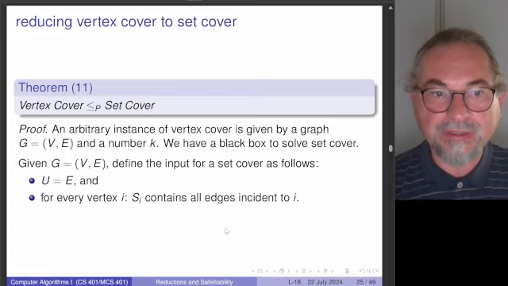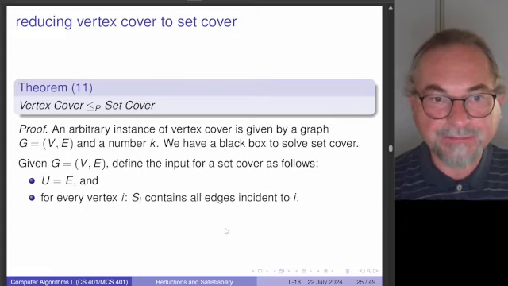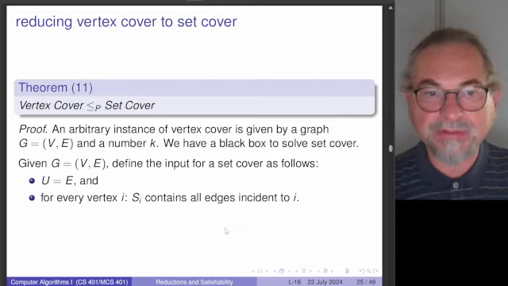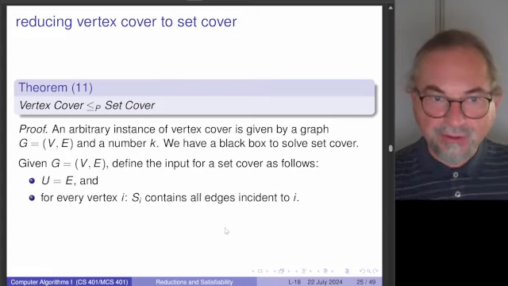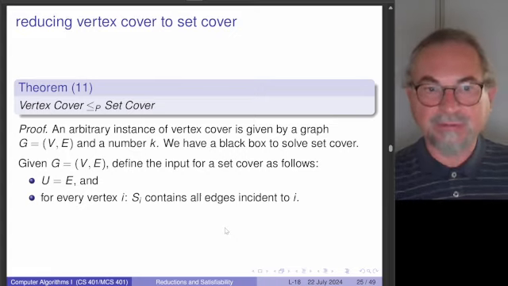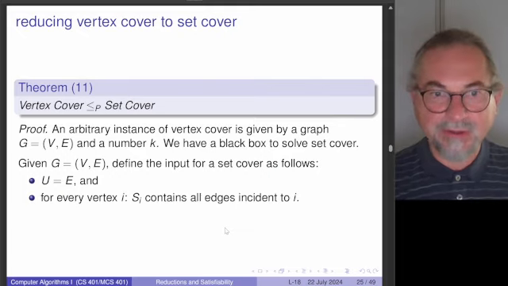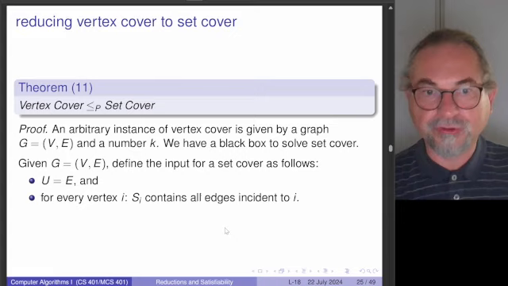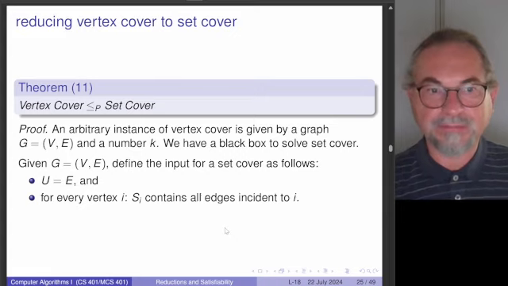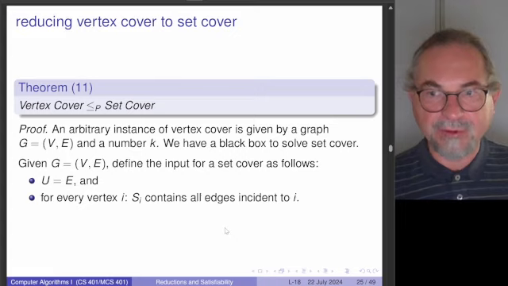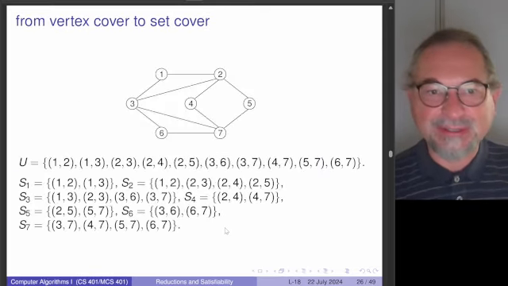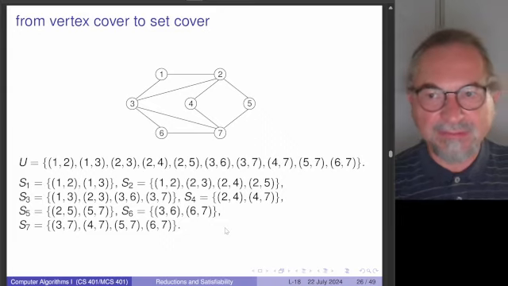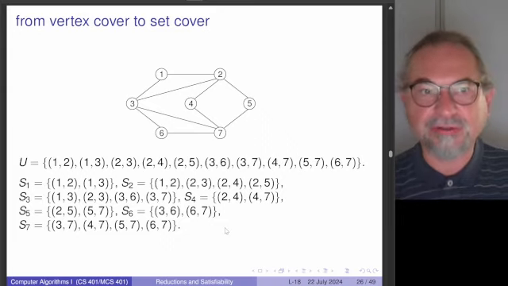Well, the universe is the set of edges, and all the subsets are the edges that are containing every vertex. So the size of every subset equals the degree of the vertex. We have n vertices, and then we have as many subsets. This is a general proof, but let me illustrate what this construction does.